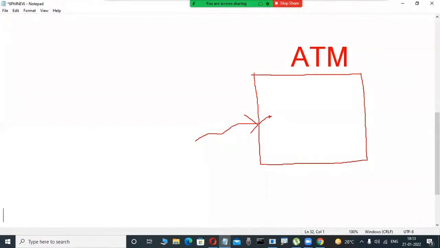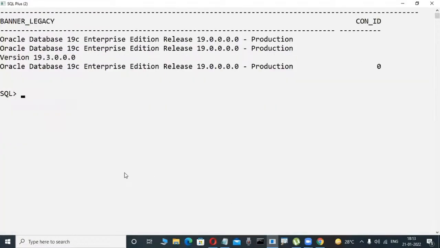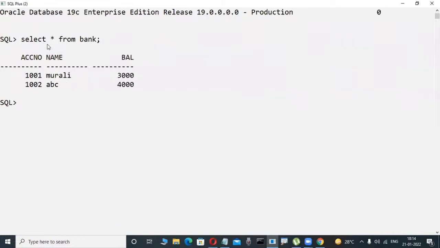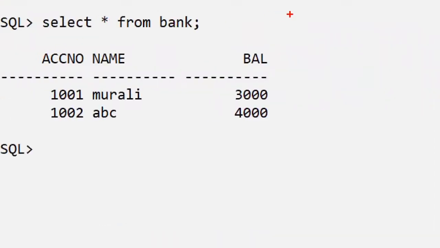Now check it out. Slowly observe it here. Observe the screen. Suppose in this database, bank is a table, for example. Just observe the scenario, a very easy way to understand. This is a bank table. In table format only, we store the data.